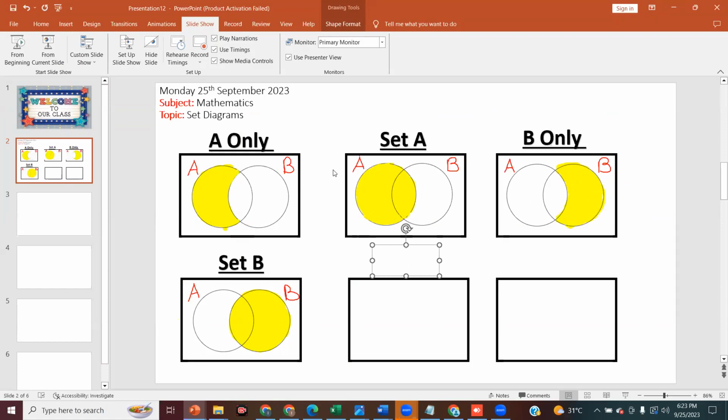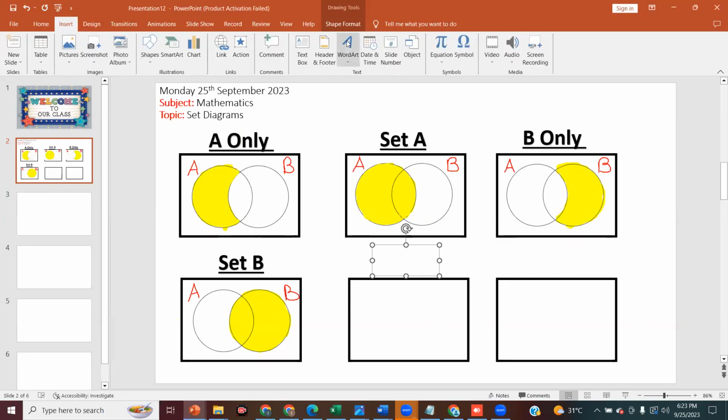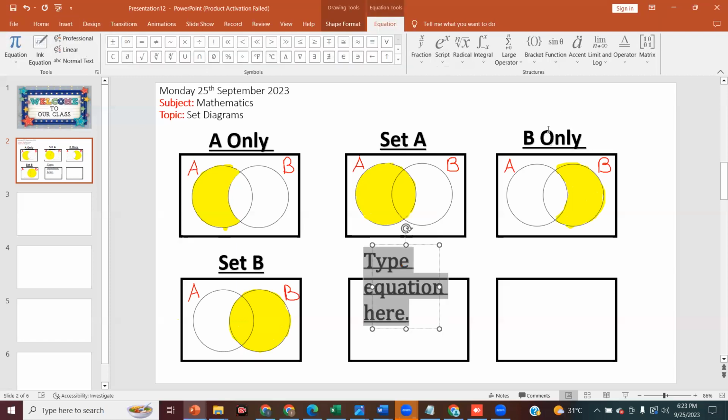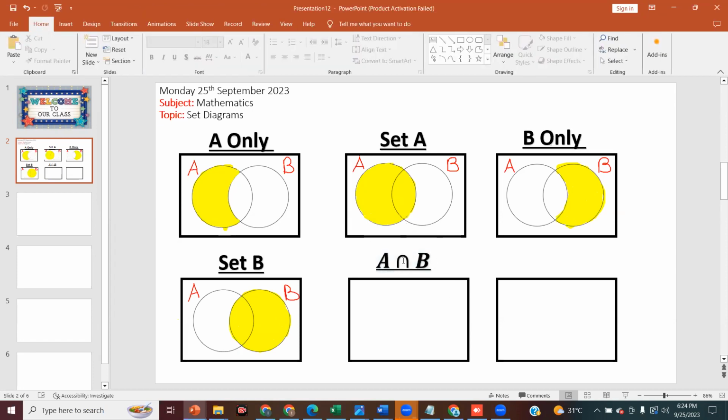So, let me call on Zaria, I want you to help in answering this question. Let's say I have capital A. I want you to tell me, what does this symbol mean, Zara? What does that symbol mean?